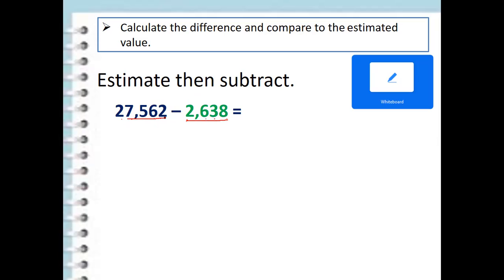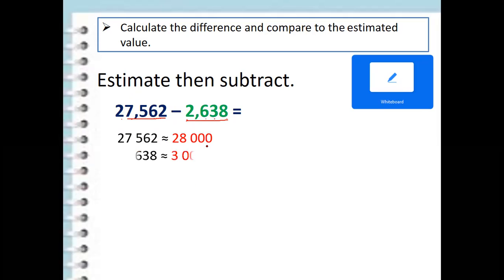When we estimate this to find the difference, 27,562 becomes 28,000. Why? Because the hundreds digit is 5 or more, therefore the 7,000 becomes 8,000. The next one is 2,638.